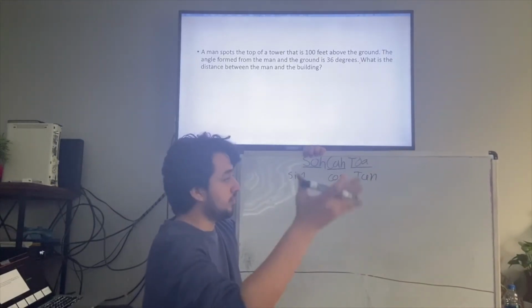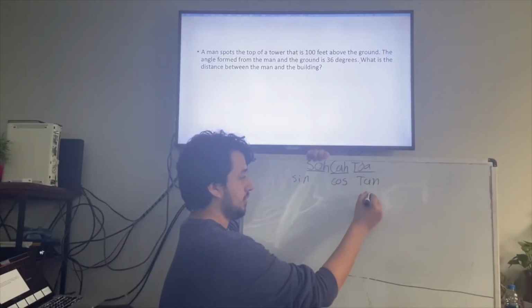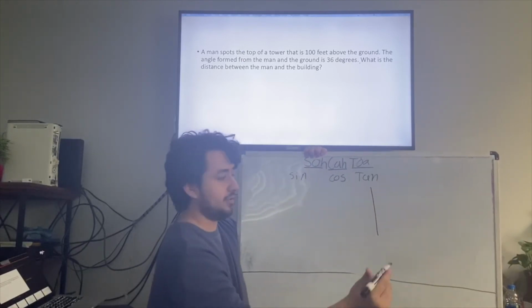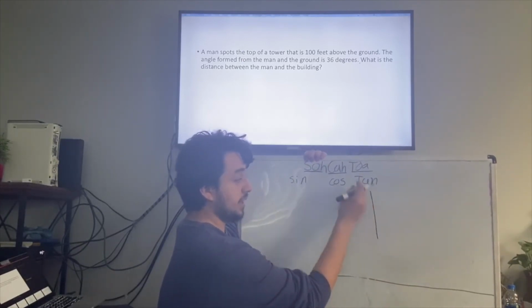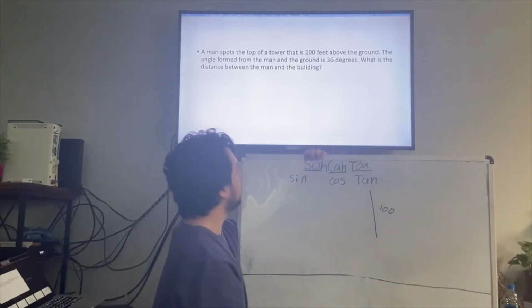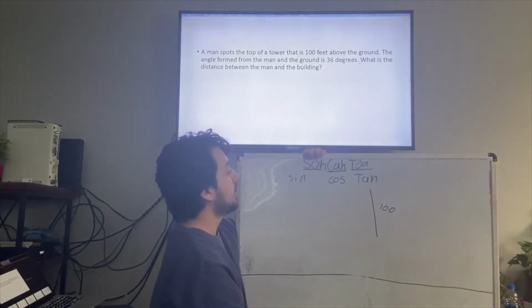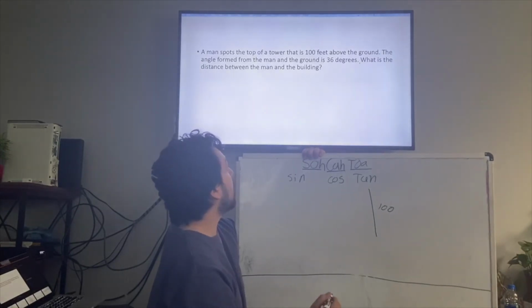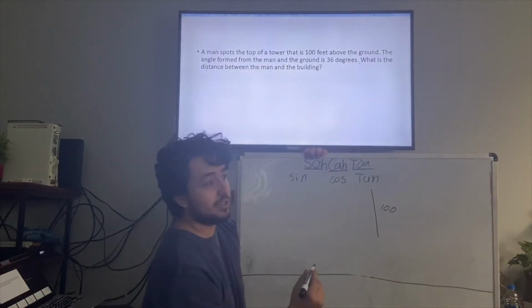The first sentence says, a man spots the top of a tower that is 100 feet above the ground. Don't stress, let's just draw the tower first. I'm not an artist, so I'll just keep lines. This is the height of the tower, and it is 100 feet above the ground. The angle formed from the man and the ground is 36.